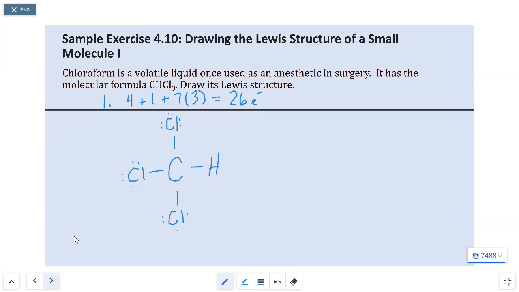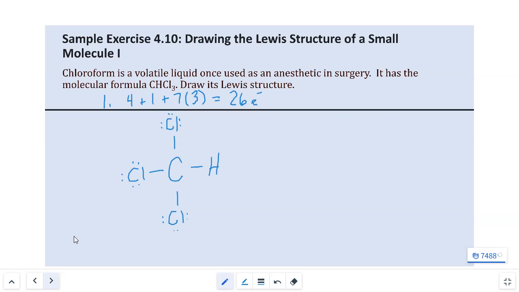Hydrogen has 2 electrons from that bond. Hydrogen only needs 2 electrons. It's done. Carbon has 4 bonds. 4 bonds times 2 electrons each is 8 electrons. So it's done as well. So this is our simple structure of chloroform.